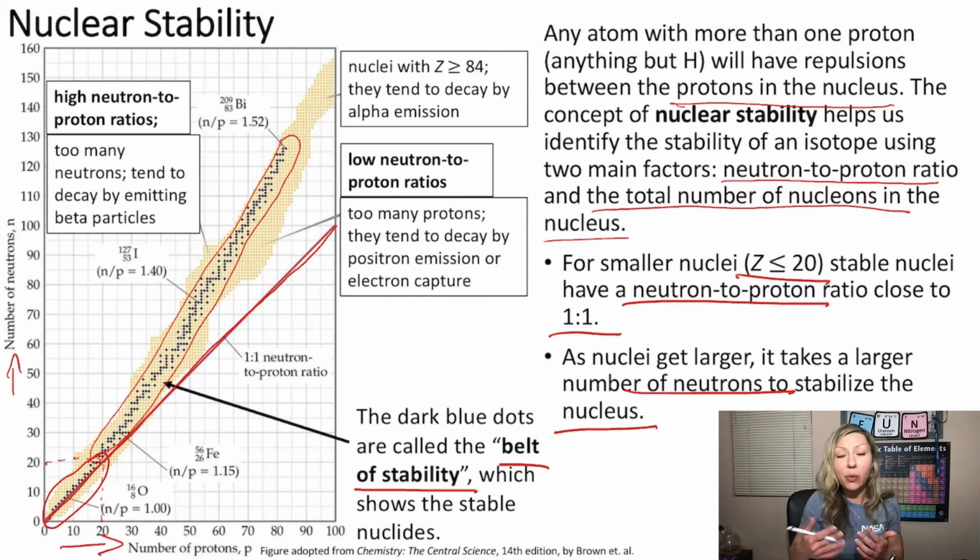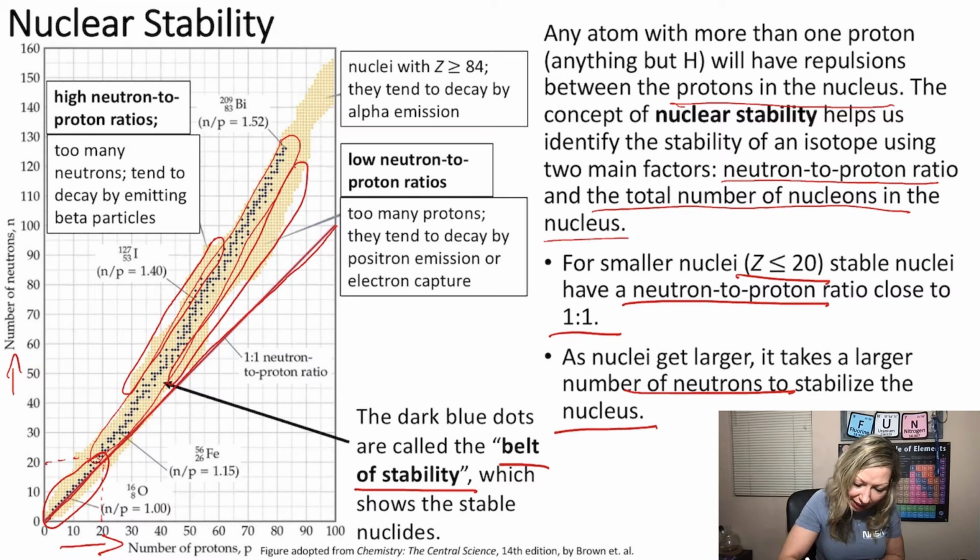Now, interestingly, we have nuclei, the yellow ones above and below the belt of stability, and they are going to decay to become more stable. If you have way too many neutrons compared to protons, stabilization occurs by emitting beta particles. That is characteristic for a too high neutron to proton ratio.